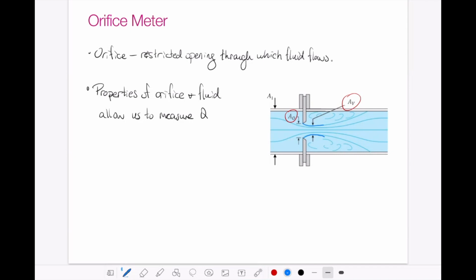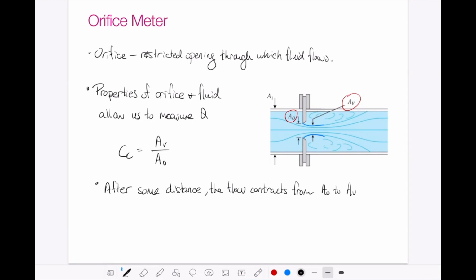And we can write the contraction coefficient for the orifice is equal to AV over A0. So this is because after some distance, the flow contracts from A0 to AV.